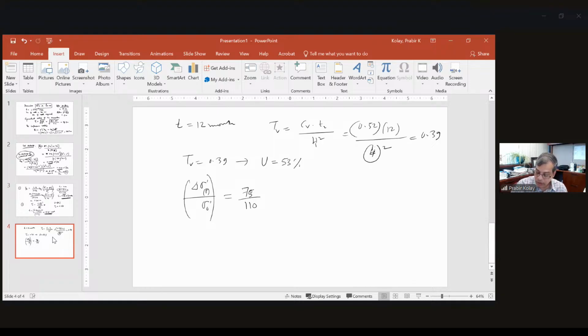You're using the same values over here, so you're getting around 0.682. And then there is an equation to calculate the delta sigma final effective pressure. This is a long equation, so you can use that standard equation to easily find out how much the pressure will be.